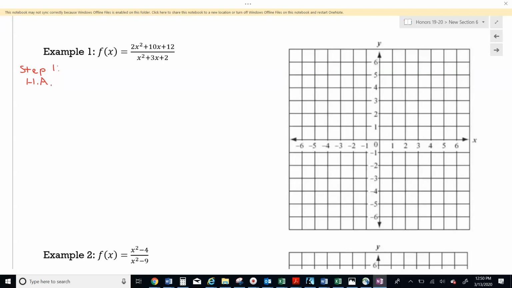Horizontal asymptote. Okay? This is a degree equals 2. Degree equals 2. Again, degrees are our exponents.